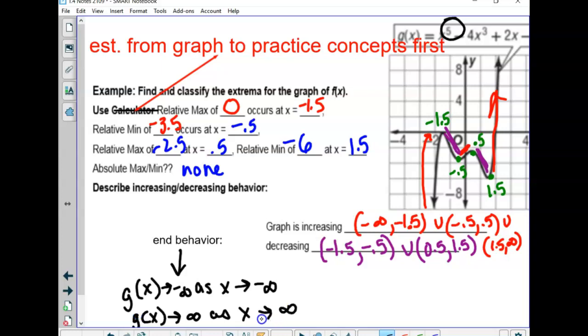Okay. What are the words for those? The first one, y is negative, means it's going down, as x is negative, which means on the left. G of x is going up as x is going to the right.